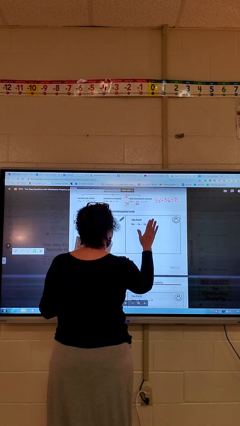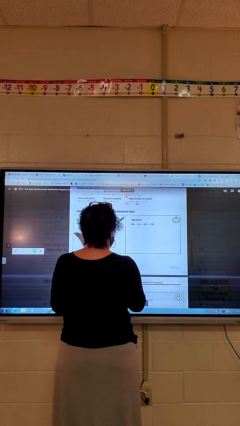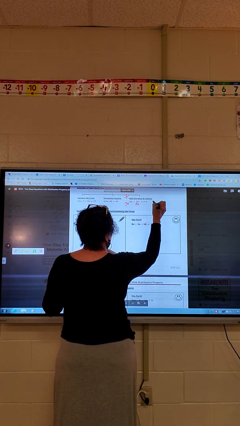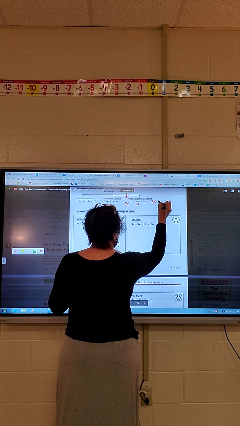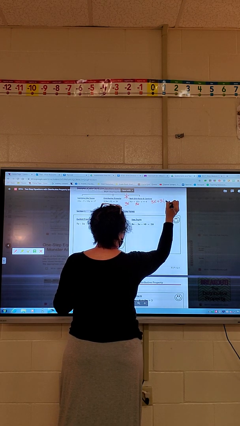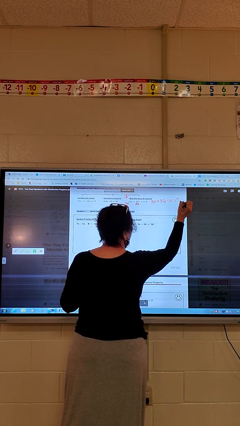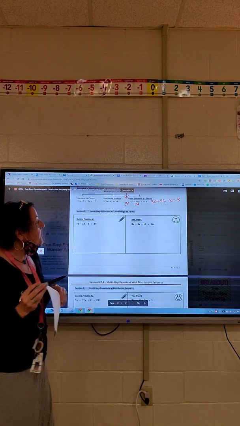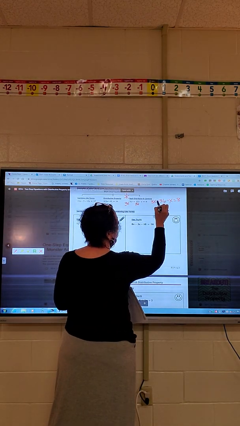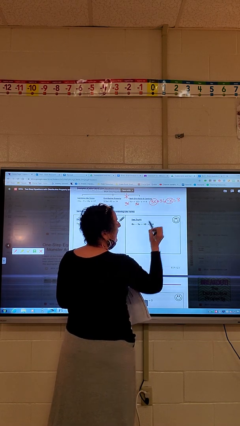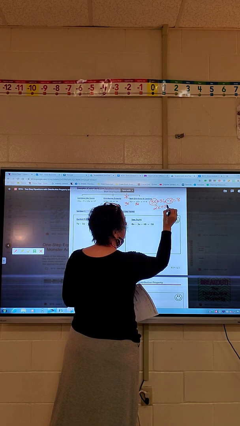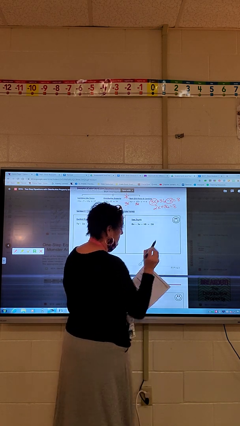Oh wait, there's a minus x right there. Sorry. Let's go back. This is 3x plus 36 minus x equals 8. You see that? So now I've got to combine like terms. 3x and a negative x is going to be 2x plus 36 equals 8.